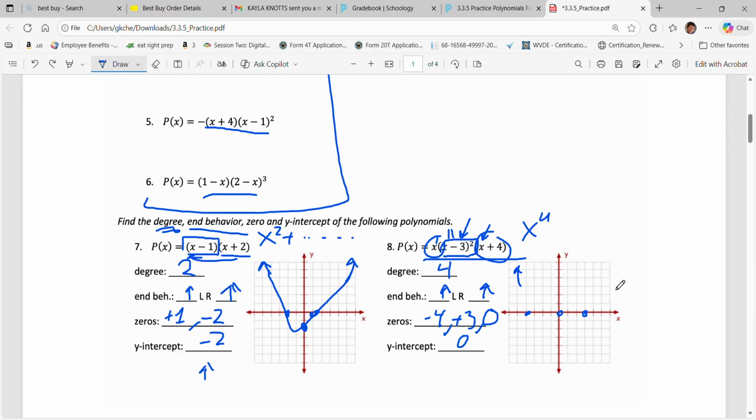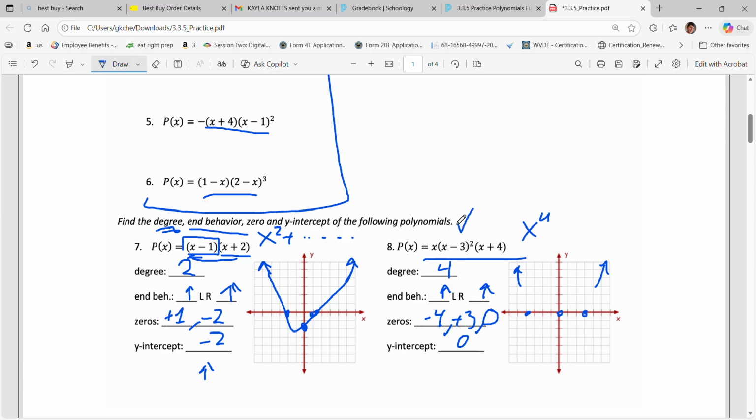So what happens? This is one more little detail, but I'm going to erase this so you can see it better. Since this particular zero, the x minus 3 squared, is squared, we call this a repeated zero. That means at this spot right here, I'm going to expect the graph to do a different kind of shape.